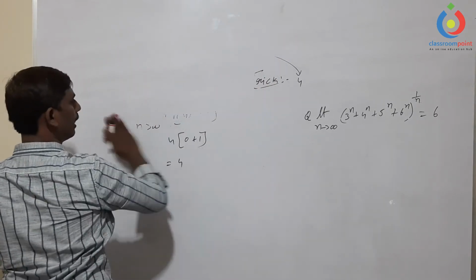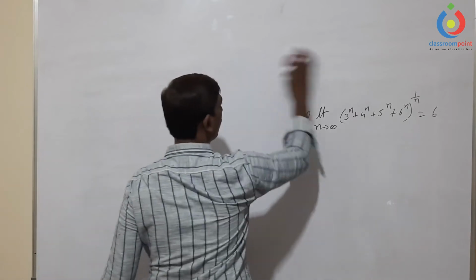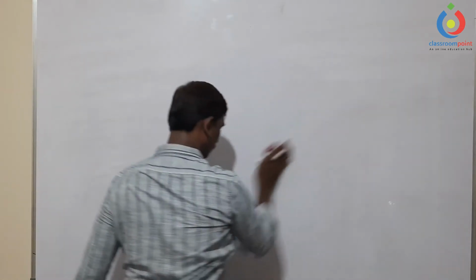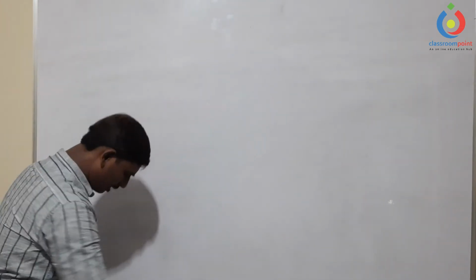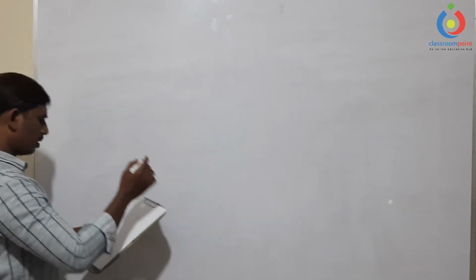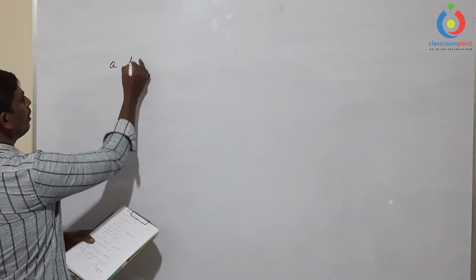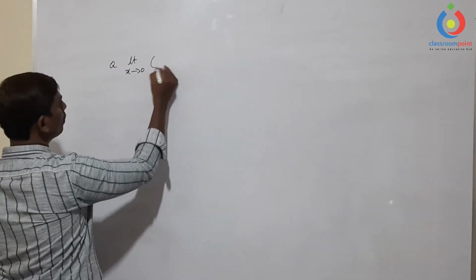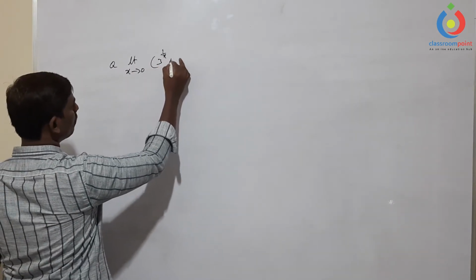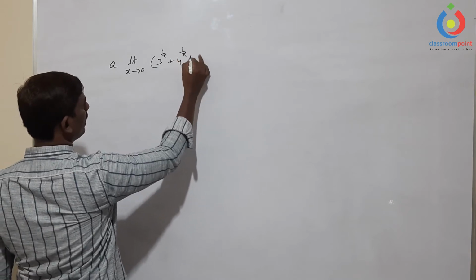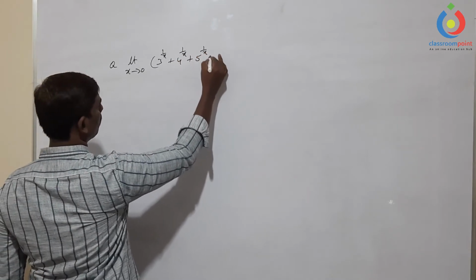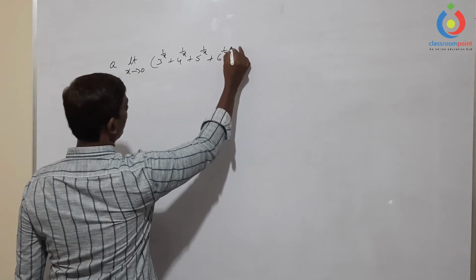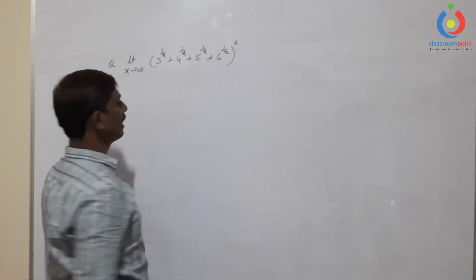See here. We'll check that. Suppose limit x tends to 0, 3 power 1 by x plus 4 power 1 by x plus 5 power 1 by x plus 6 power 1 by x, whole power x only.